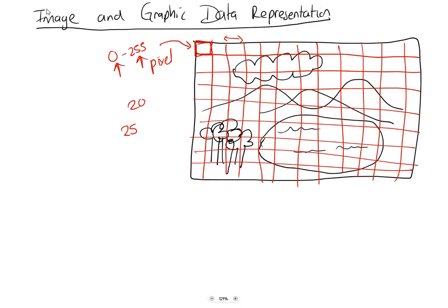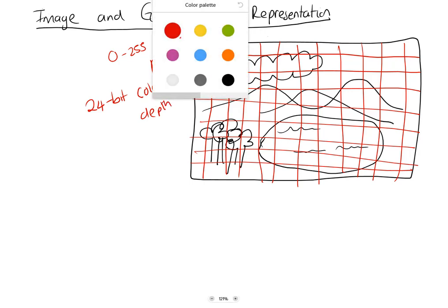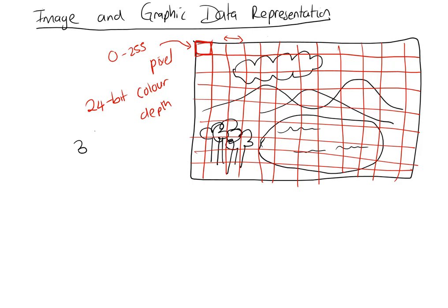Our alternate representation for the pixel has something called color depth. Here we refer to this as a 24-bit color depth, which means that essentially we get 3 bytes for each color. Not 3 pixels, you get 3 bytes. So in other words, 1 byte is going to describe a particular color.